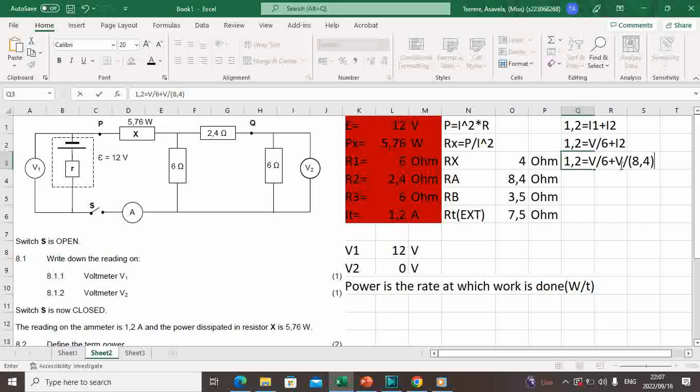Then now we can solve V, the voltage across this resistor, which is 6 ohm.